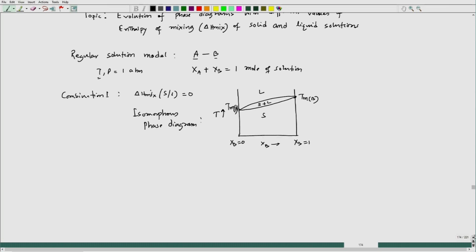Now, combination 2, we got del H mix solid to be 0 and del H mix liquid to be less than 0. That time we got a phase diagram like this.